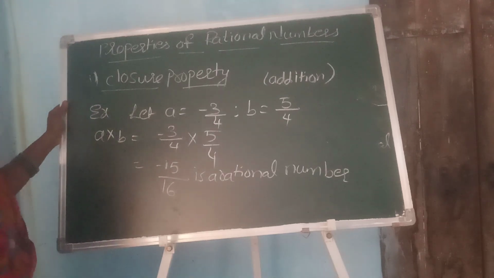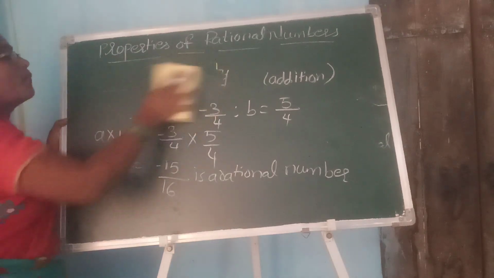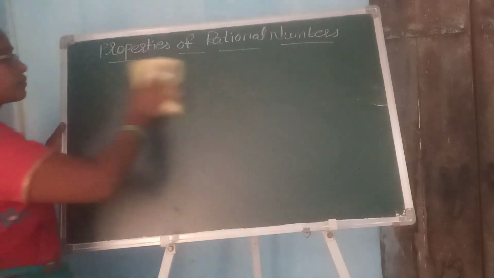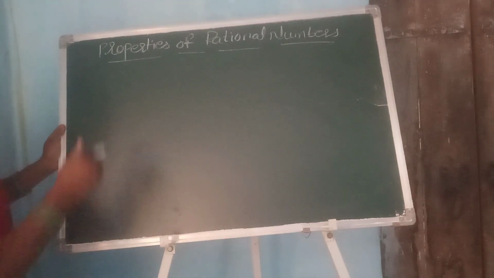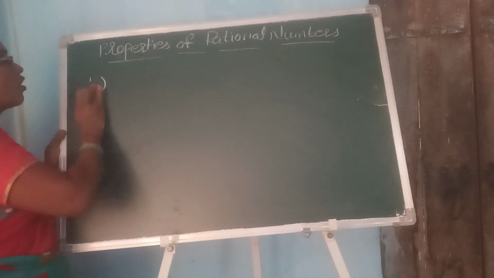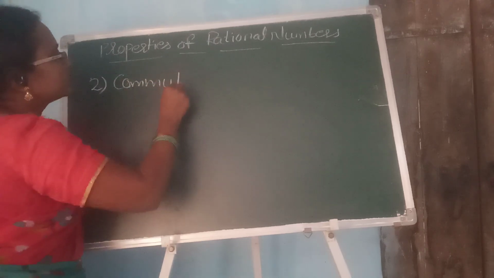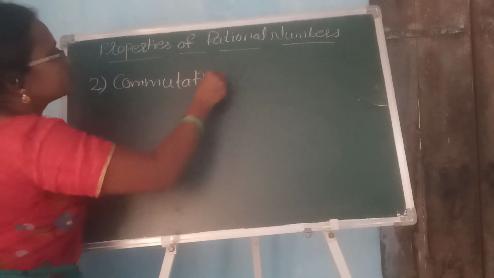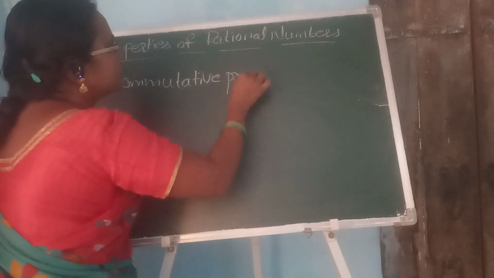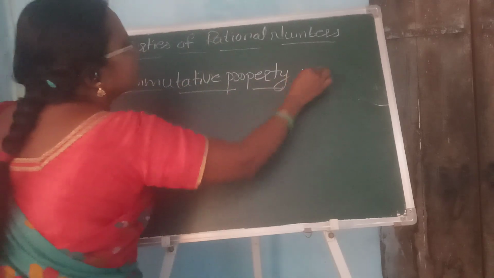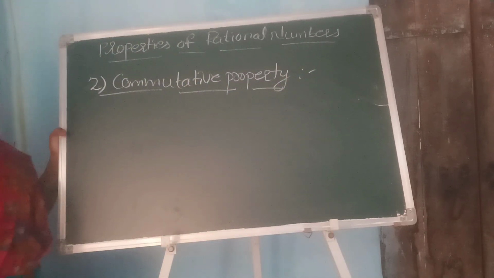Now we are going to see one more property here, the commutative property. The second one is the commutative property. Now I am going to define it.